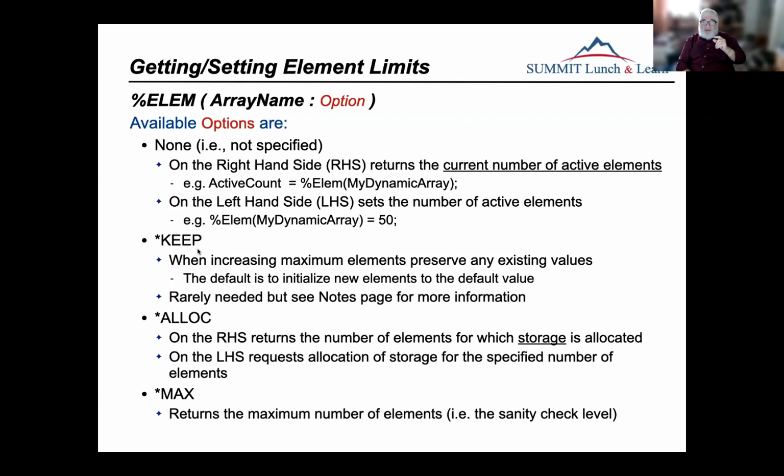I'll show you an example in a moment, but basically what it is for is when you increase the number of elements in a dynamic array, RPG will initialize all of the new ones. So if you have current level of 50, you increase it to 100, RPG will default initialize everything from 51 through 100. There are some circumstances when you don't want that, and the notes page will tell you.